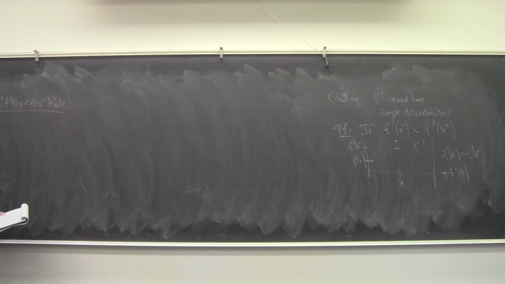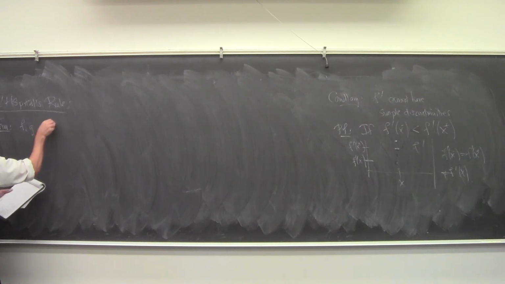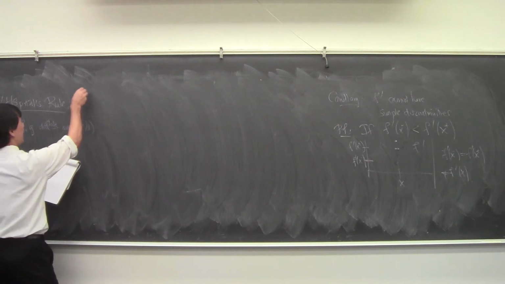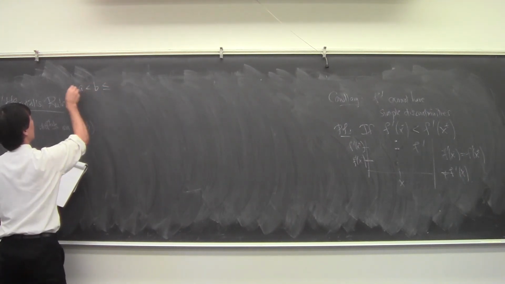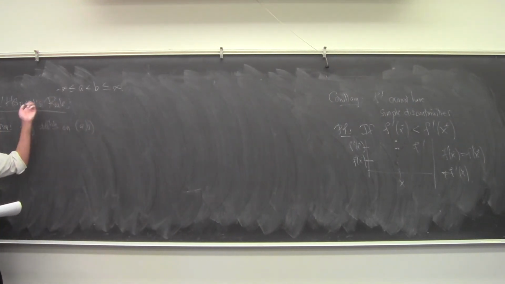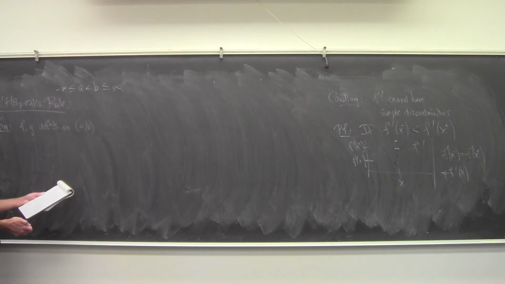Okay. So here's the statement. F and G are differentiable on some interval a, b, and A and B are allowed to be, A could be negative infinity, B could be positive infinity. So they're allowed to be finite or infinite.